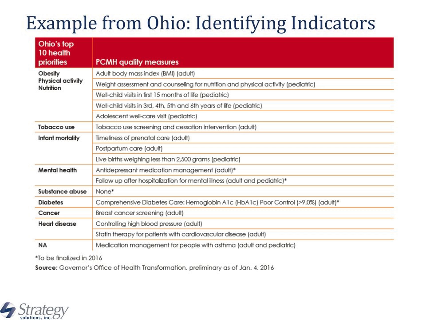Here's an example from Ohio. A couple of years ago, the state of Ohio actually mandated that all of the hospitals in Ohio start to report the PCMH quality measures, which is the patient-centered medical home, those quality measures that were established at the national level.